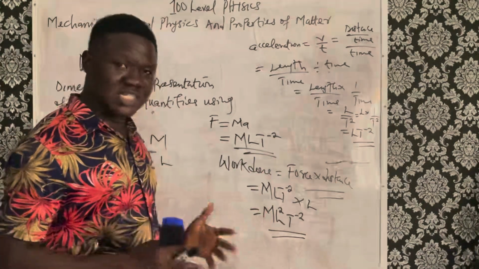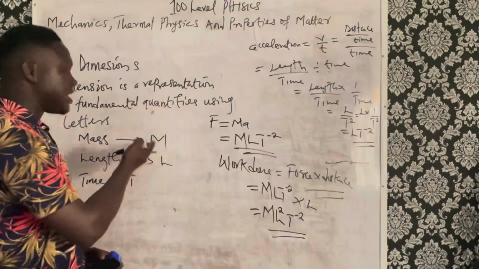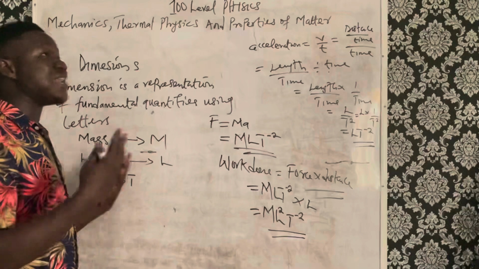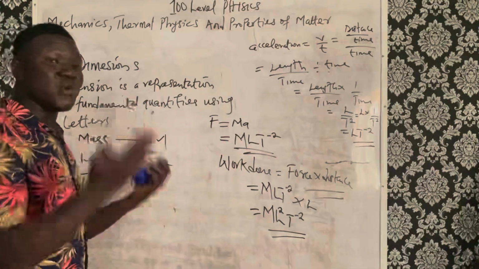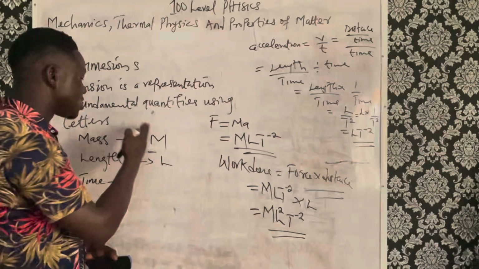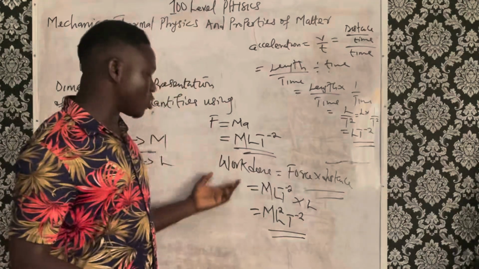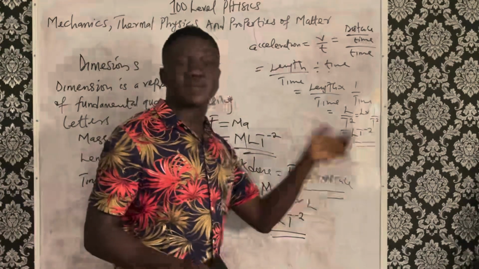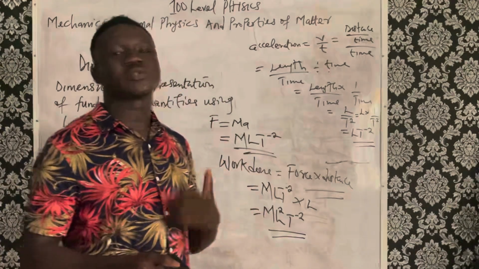And most times, or all the time, no matter how complex the concept is, either it is energy or calorie, you will definitely fall back to this: M, L, T. There might be some dimension, like for work done, there's M L T. For force, there's M L T, but for acceleration, there's L T. So whichever one, there's a dimension to every physical quantity.